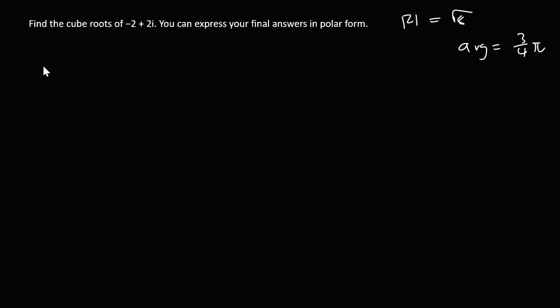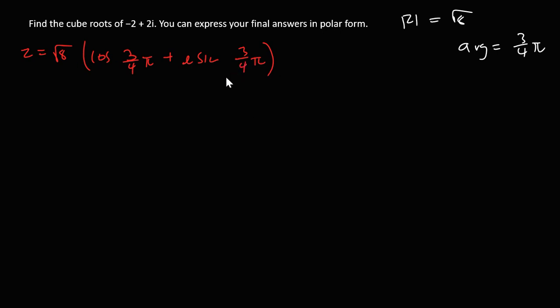Let me call this complex number z, as I've done before, and it's going to be 8 open brackets cos of the argument 3 over 4 pi plus i sine of the argument 3 over 4 pi, close. This is your complex number in polar form.